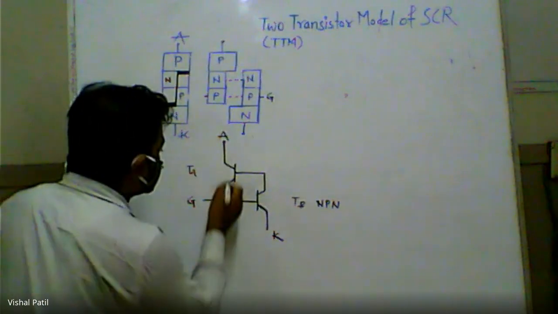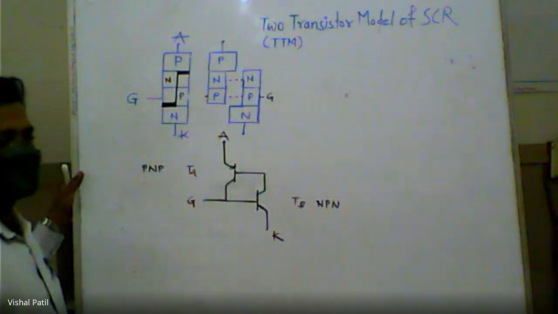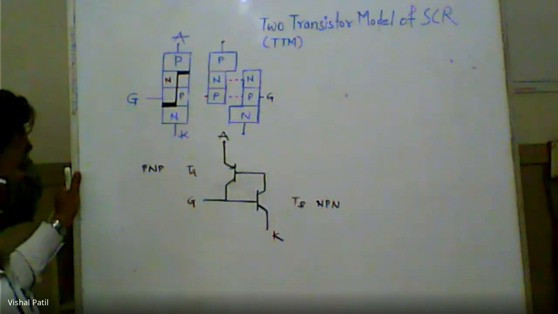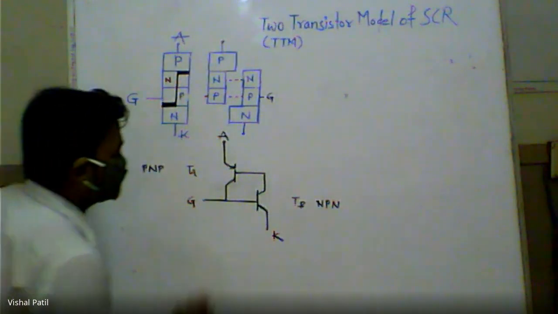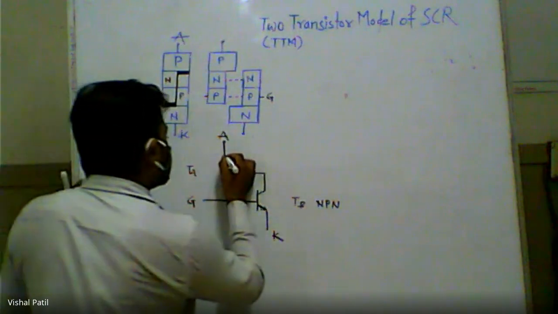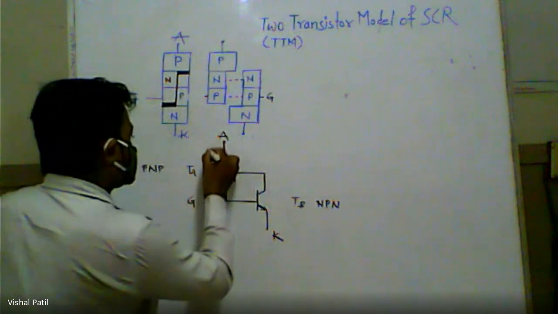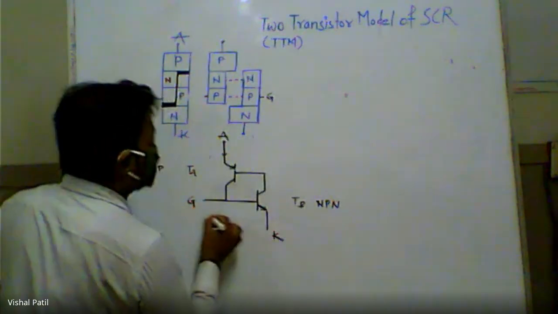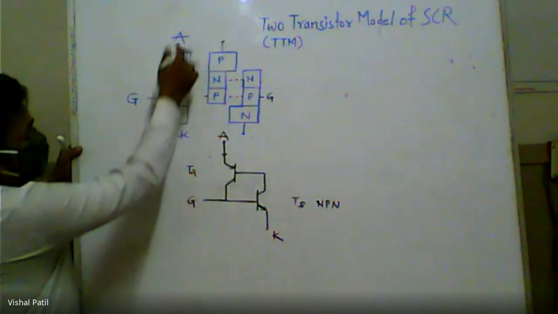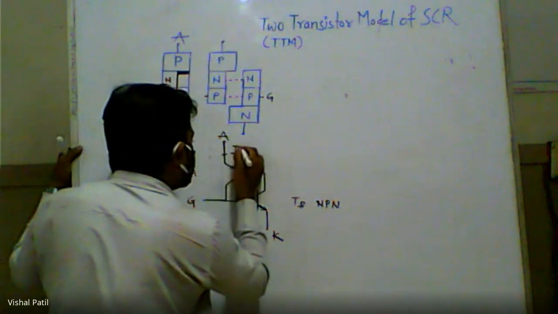Now if we mark the current directions according to the conventional currents in the PNP and NPN transistors, it will be like this. These are the currents. Now if we see, this is actually the SCR. So this current from anode to cathode, we call the anode current.